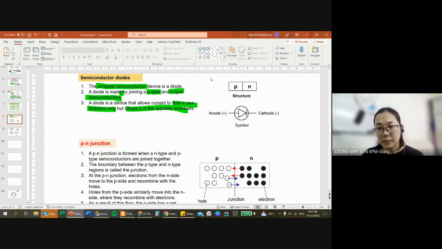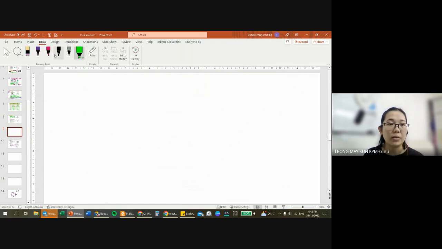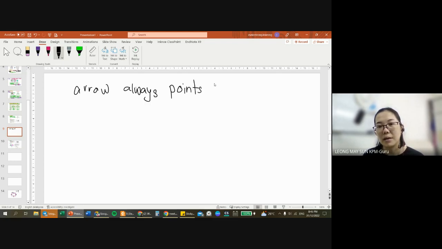Now, how do I identify the semiconductor diode symbol? It's very important to understand this if you plan to understand transistors. My key for you is that the arrow always, always points to negative.